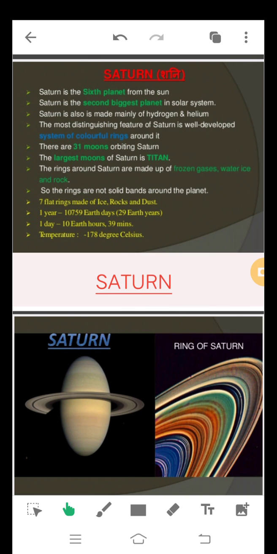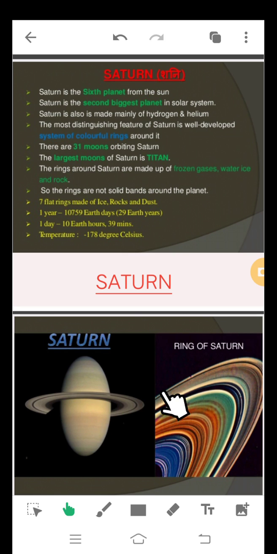After Jupiter, the sixth planet is Saturn. It is the second biggest planet in the solar system. Saturn is also made mainly of hydrogen and helium. The most distinguishing feature of Saturn is the well-developed system of colorful rings.